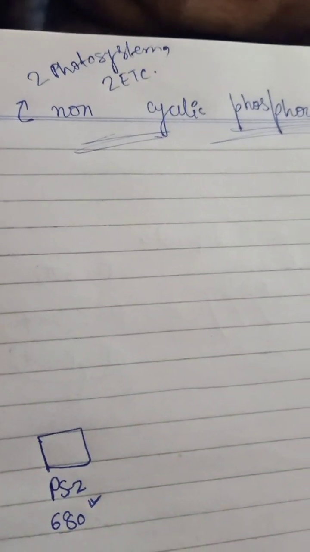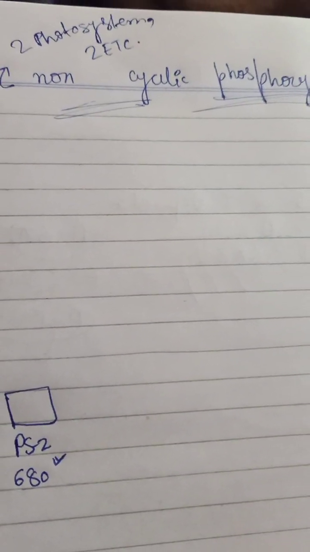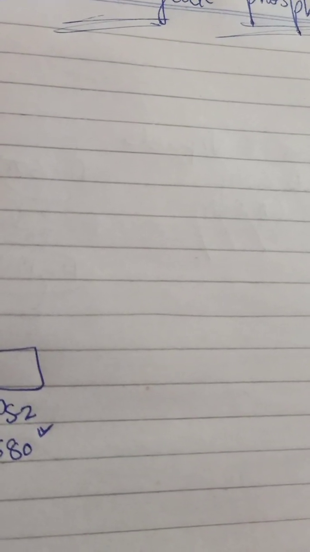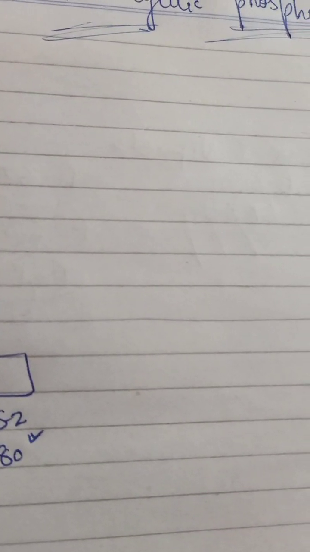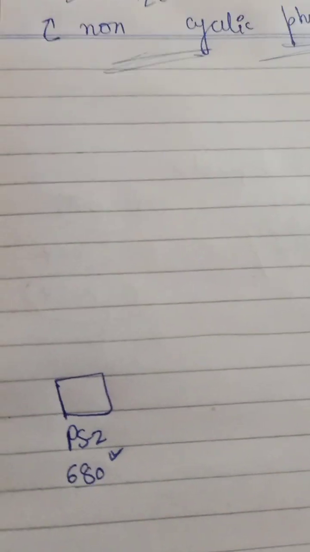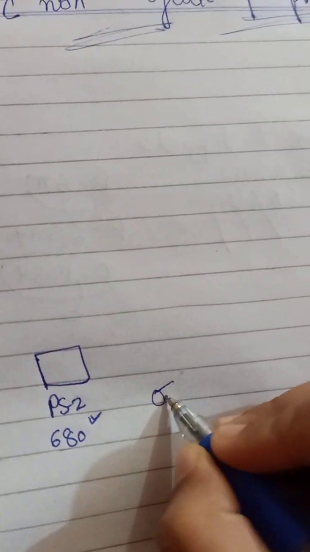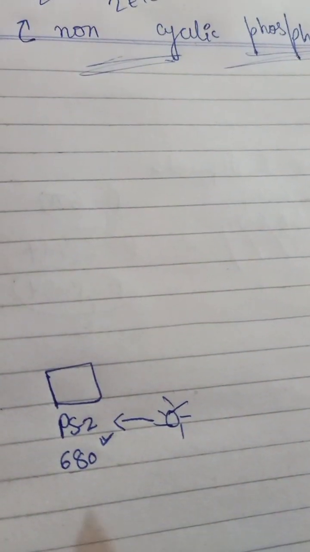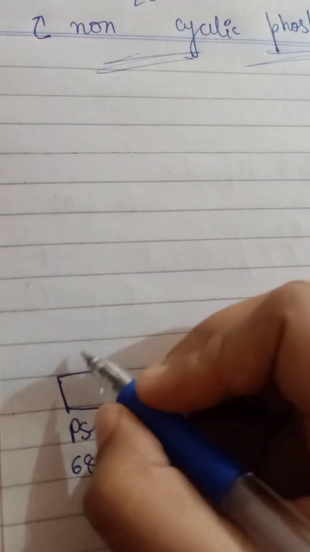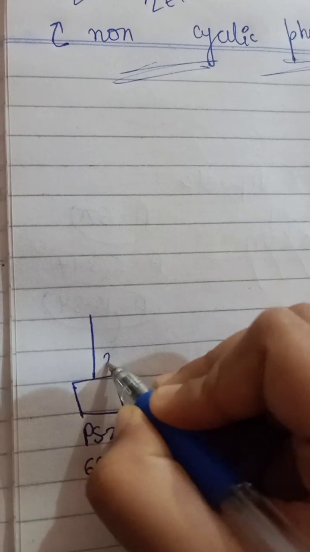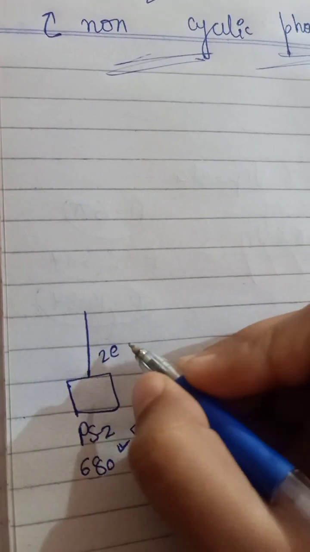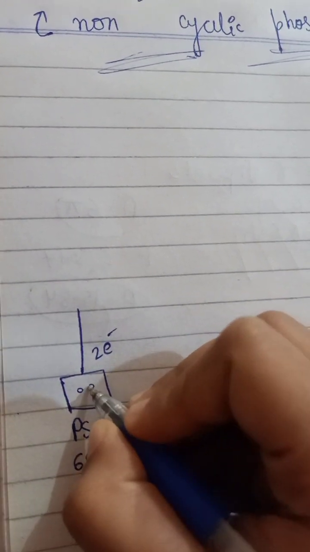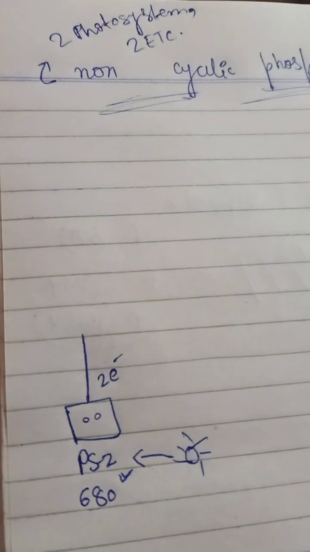The first step is the absorption of light by photosystem 2, and its electrons get excited and leave a hole.